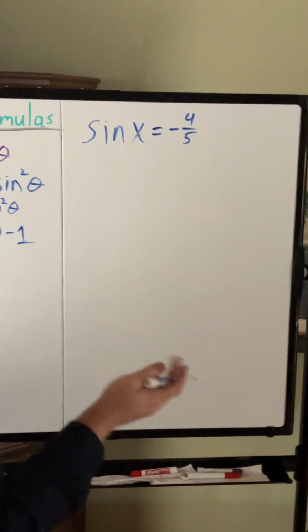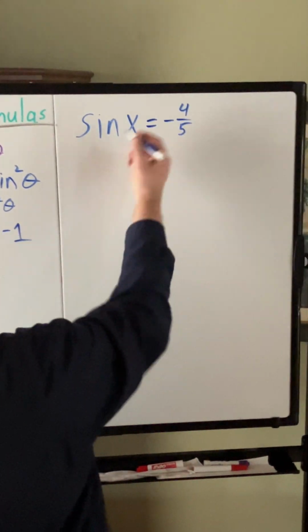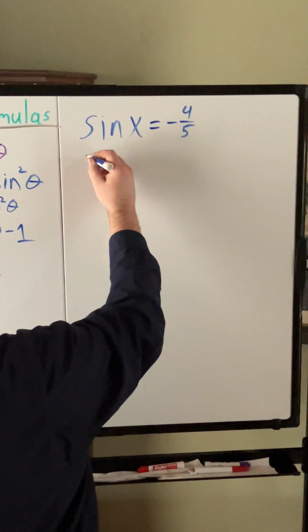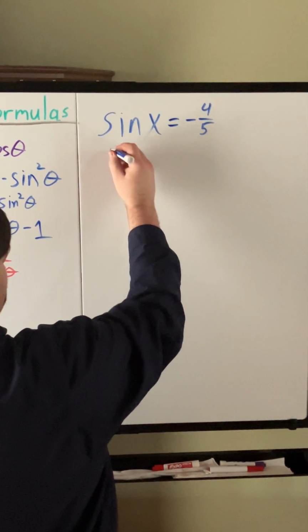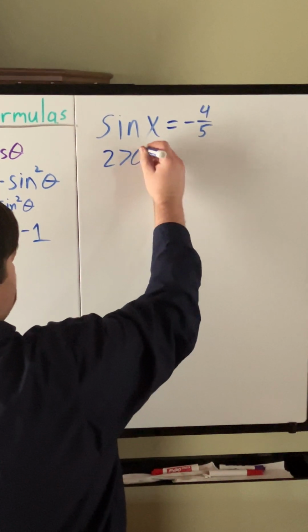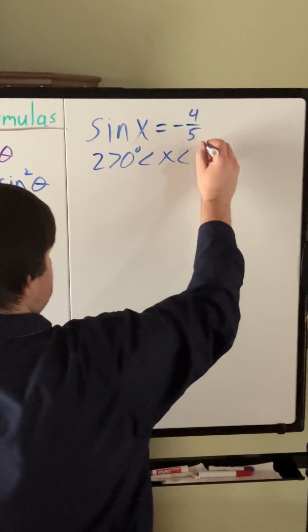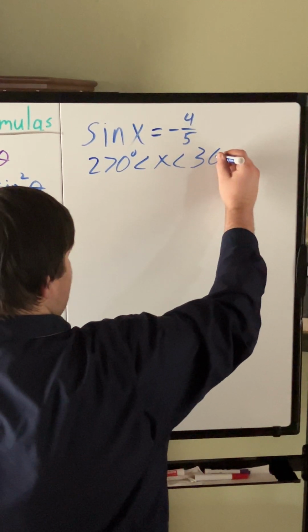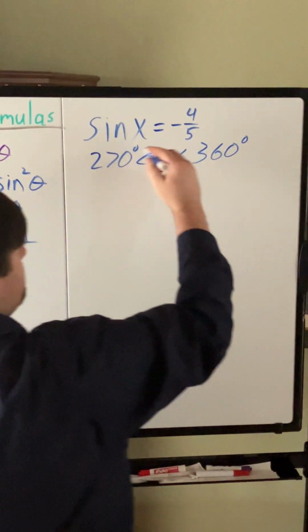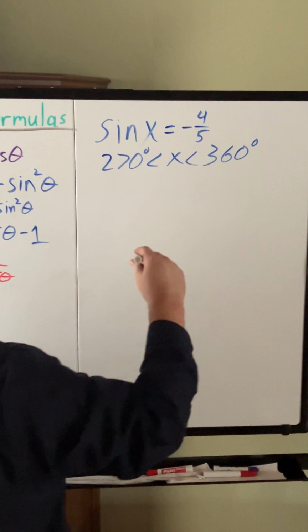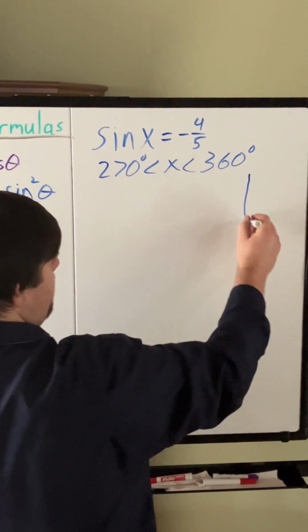And then they'll tell you which quadrant x is in. And sometimes they'll do that by saying something like this. So clearly, if angle x is between 270 and 360, then that means it's in quadrant 4.